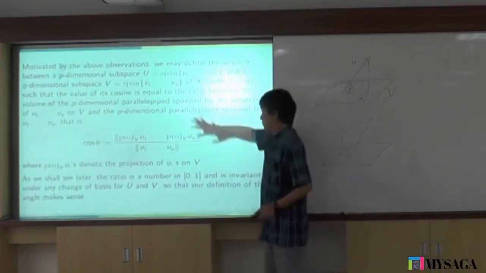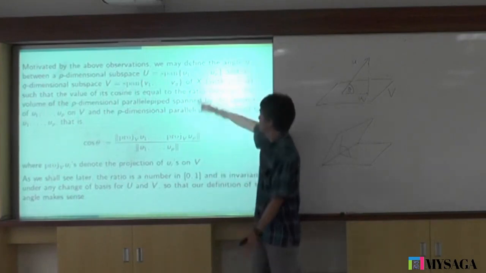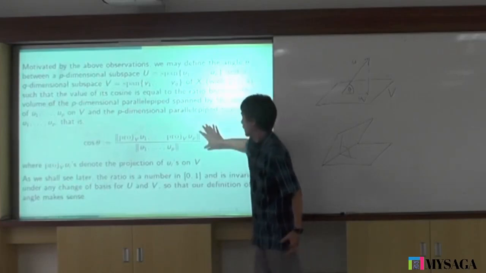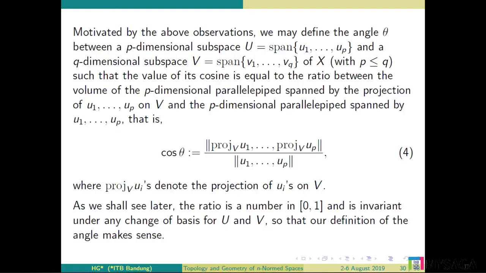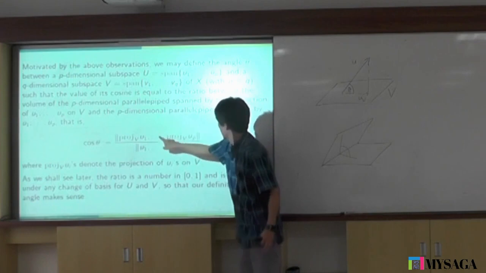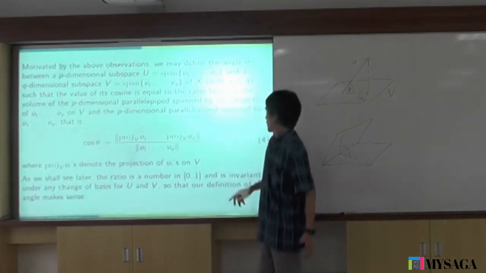But first of all, forget the long sentence that I wrote here. Just look at this. This is our definition of the angle between the subspace U and the subspace V. So where is V here? V is in this expression.